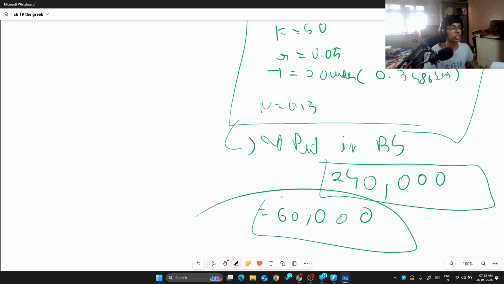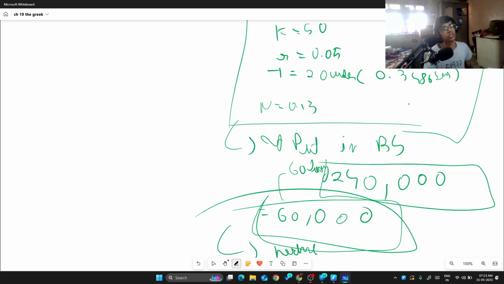So we have to hedge this $60,000. Instead of a call option, there can be anything: swaps, puts, or exotic derivatives. We have to hedge the exposure amount, and our exposure amount is $60,000.